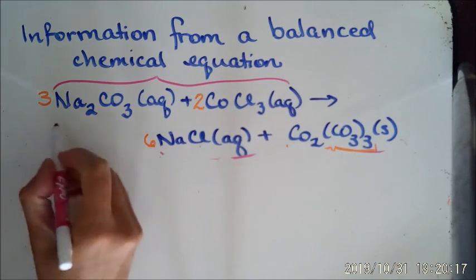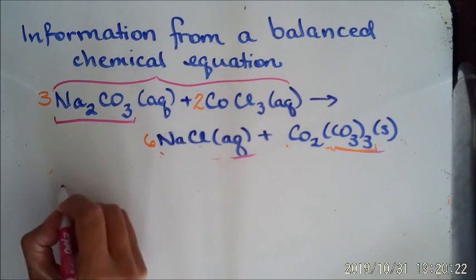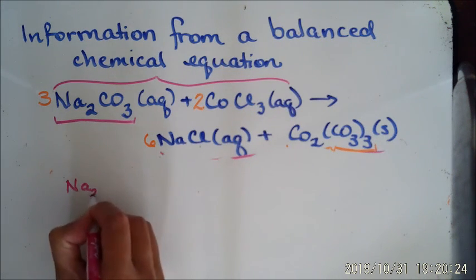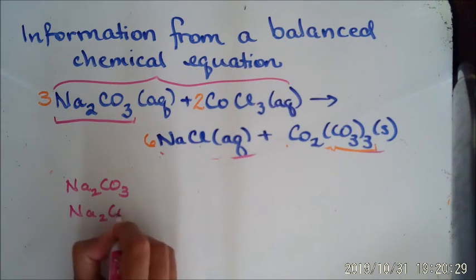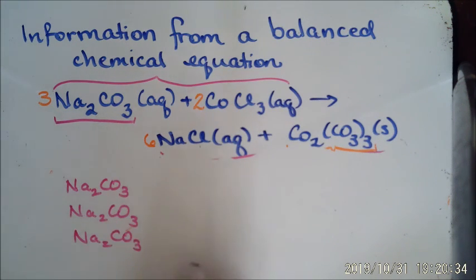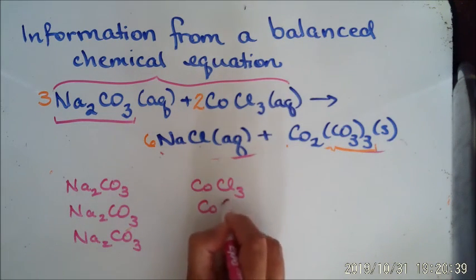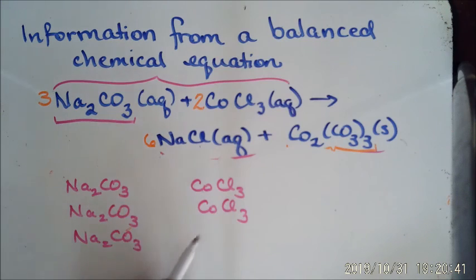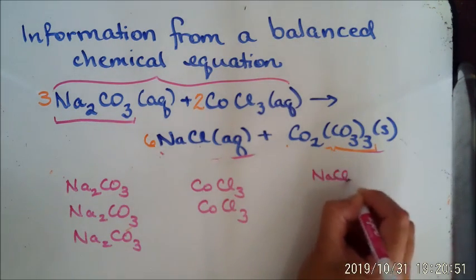I need 3 formula units of sodium carbonate, and the 3 of these will completely react with 2 of my cobalt-3 chloride. If I have fewer of my sodium carbonates, or fewer or more of my cobalt chloride, it'd just be left over. And then that's going to give me 6 sodium chlorides.